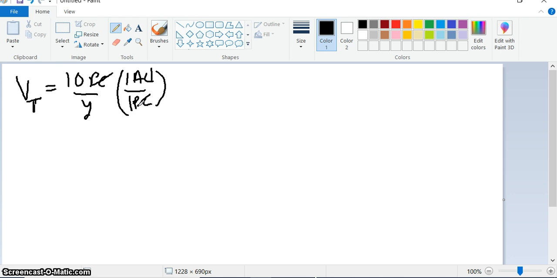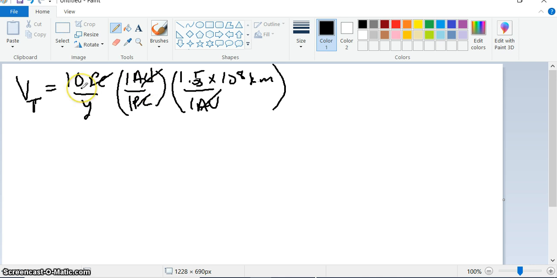But the next step is really critical. Now I can convert 1 AU to actual kilometers. It turns out to be 1.5 times 10 to the 8th kilometers. Notice the astronomical units cancel.